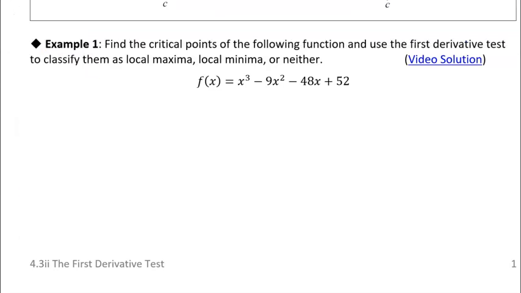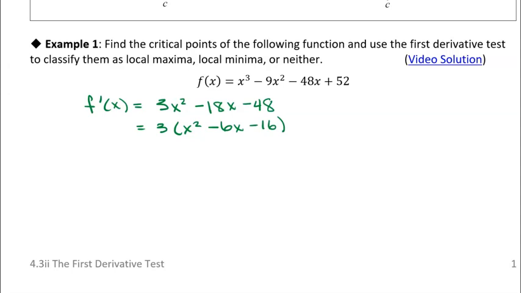Okay, so first thing we want to do is find the derivative of this function. So let's take the derivative. F prime of x is equal to 3x squared minus 18x minus 48, right? And we want to set that equal to 0. So let's factor it. Let's get rid of this 3. So then we'll have x squared minus 6x minus 16 when we factor out a 3, and it's just much easier to factor what's left.